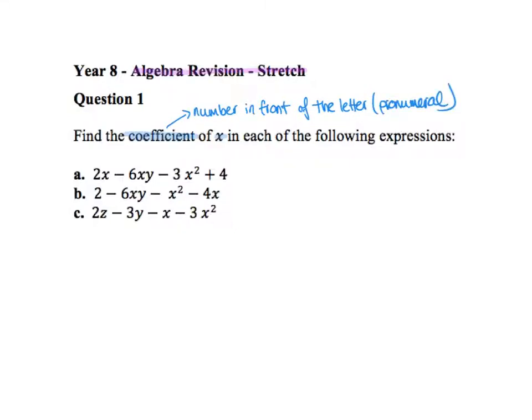Okay, I'm going to just highlight them in this instance. So for this one, the coefficient is 2. It only wants the x term, not anything else. So only the x term. In the second one, it's the 4, and in this C, it would be this one, which is actually a 1. So you'd have to know that a 1 sits in front of that.